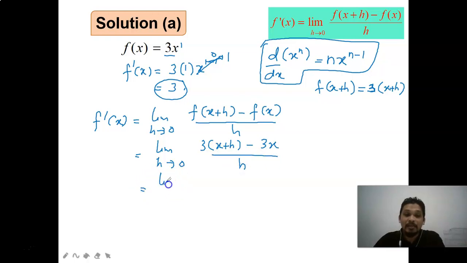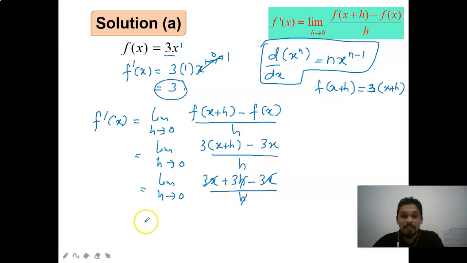Okay, so now limit h approaching 0, 3 times x equal to 3x plus 3 times h equal to 3h, minus 3x, divided by h. So 3x minus 3x, then h divided by h.